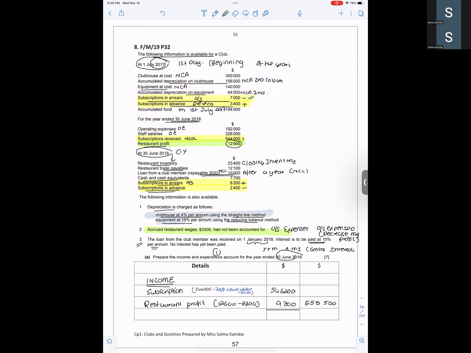Depreciation from clubhouse and depreciation of equipment. So first, depreciation of clubhouse. How much percent? 4% on cost. Cost of the clubhouse is 300,000 and 4% of it makes 12,000.